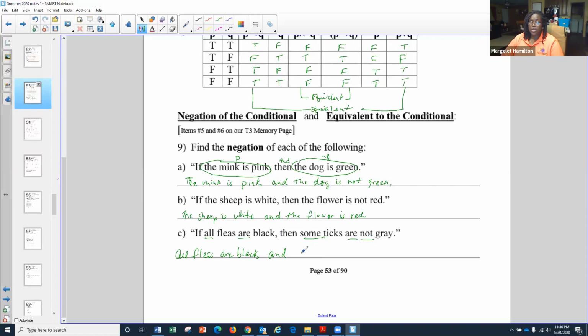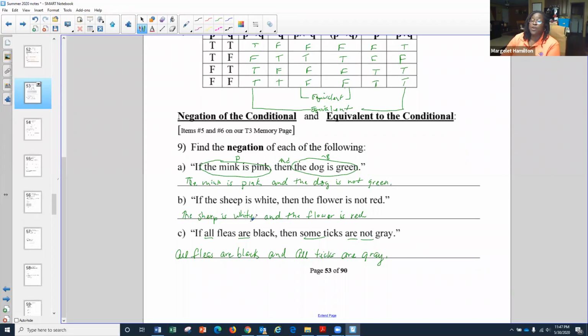So, and all ticks are gray. All right, pretty good. So that's us negating the conditional.